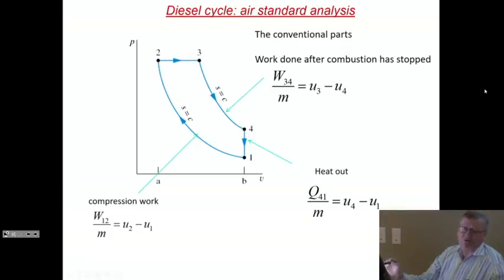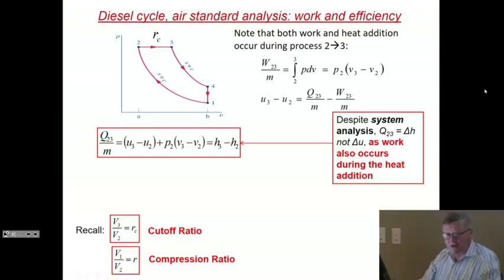The other one that looks just like what we had in the Otto cycle is the work done after the combustion stops, between 3 and 4. That's also an isentropic power stroke, isentropic expansion. It's U3 minus U4. And the third one that's similar to the Otto is 4 to 1, which is when the exhaust valve opens. So the heat out then becomes simply U4 minus U1. Nothing new here. The new part is here.